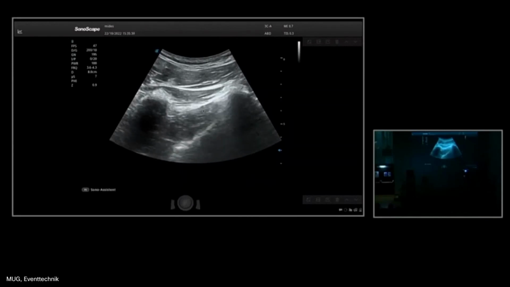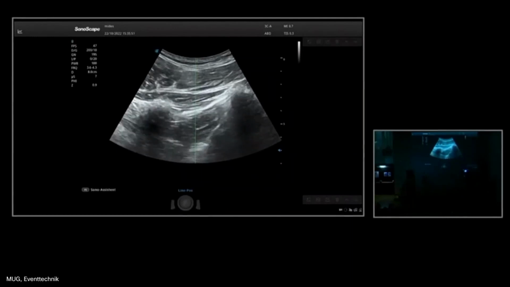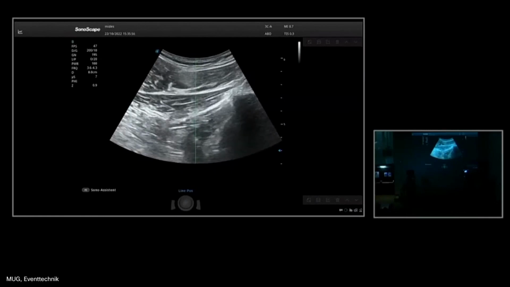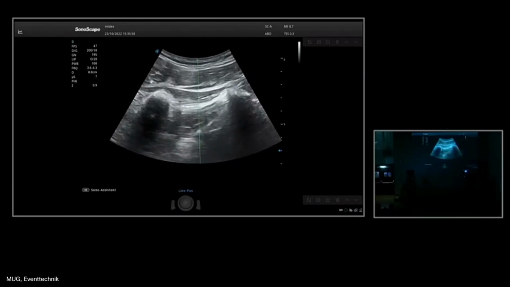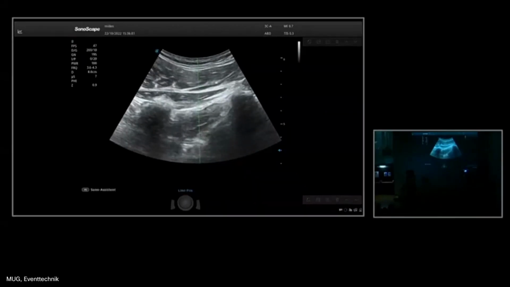And then we perform M mode. I hopefully am doing this right or not. Oh, it's not working. Okay. So I'm going to then perform M mode.